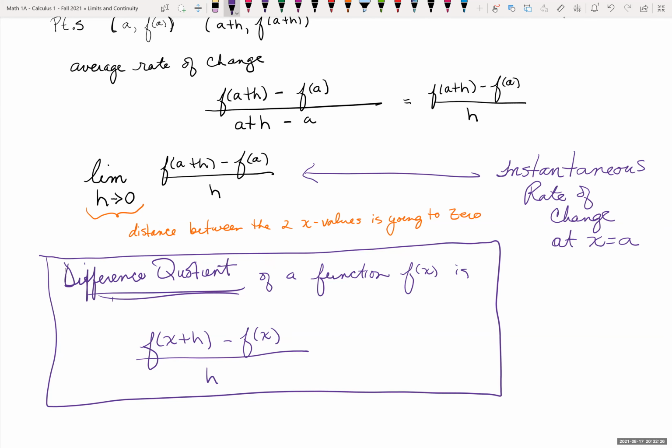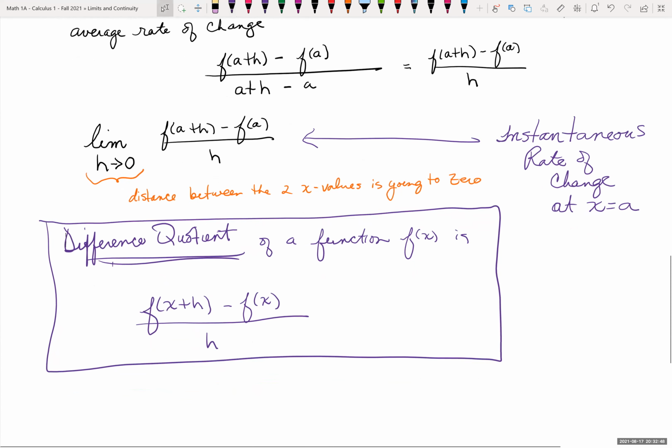So if we can find out what that instantaneous rate of change is, so that's that slope at x equals a, and we can find the equation of the line that has that slope through x equals a on the function, that is what brings us to what the tangent line is.